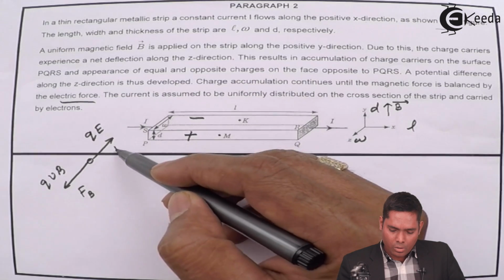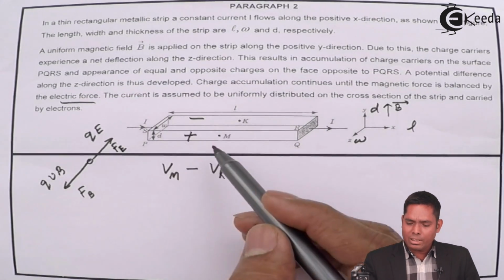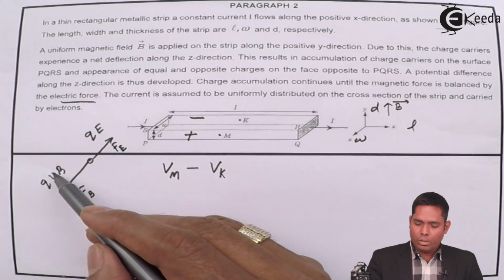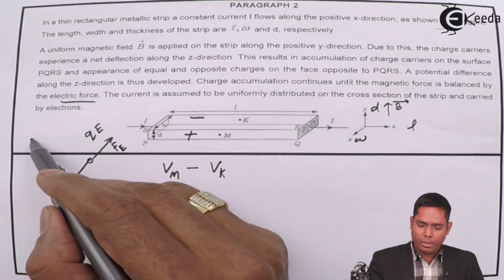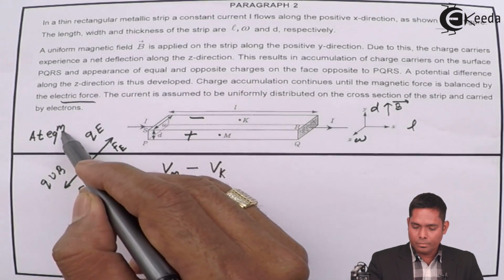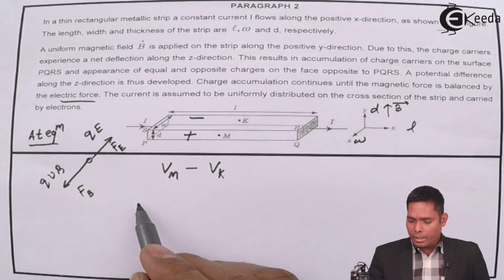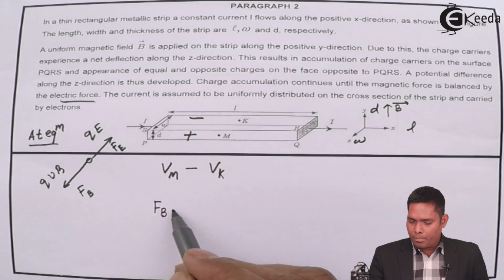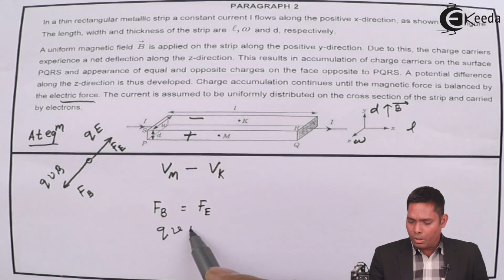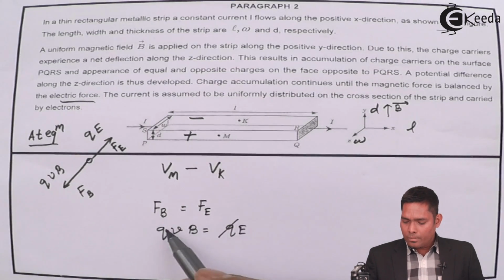When these are balanced, no further charge will move towards this side. So at equilibrium, FB must balance FE, or qvB equals qE.